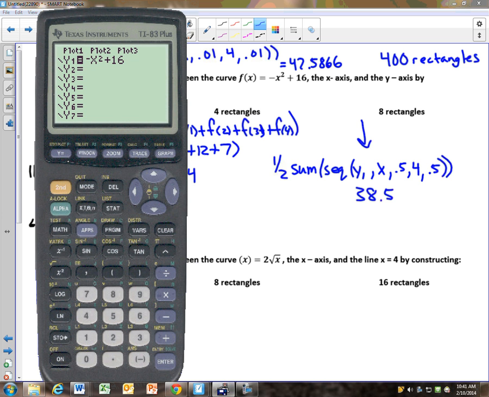You know how to check to see if you're really close since you don't know the calculus yet? Go second calculate. And you don't know this button yet, do you? 7. You know value, you know 0, min, max, intersect. dy over dx was your derivative. 7's your area. Grab 7.